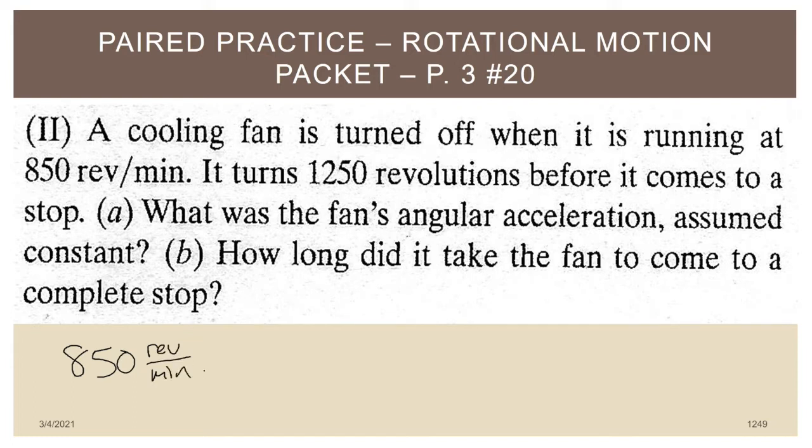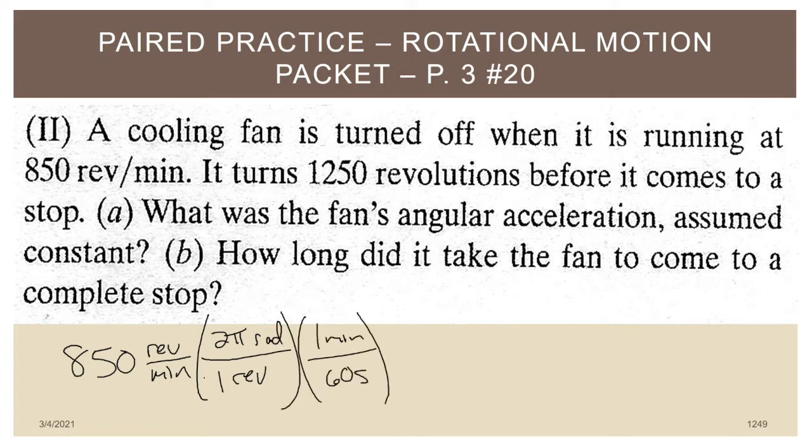The first thing we have to convert is this speed here, 850 revolutions per minute. To convert revolutions per minute to radians per second, you multiply by 2 pi over 60. We put 1 revolution in the denominator and 2 pi radians in the numerator, and then 1 minute in the numerator, 60 seconds in the denominator.